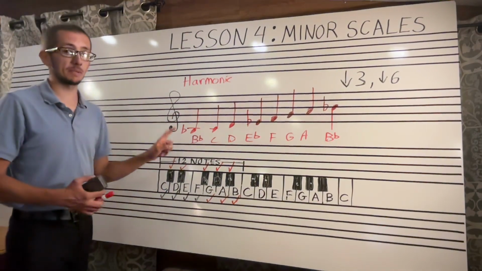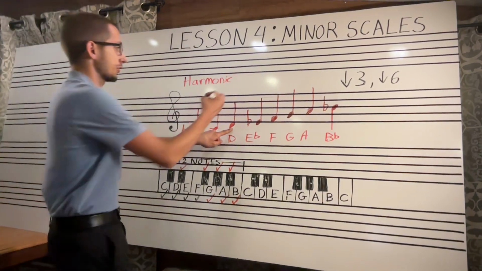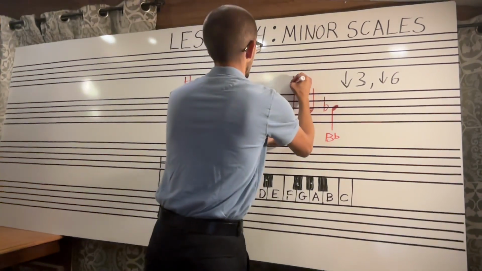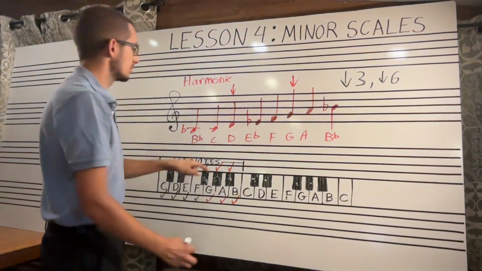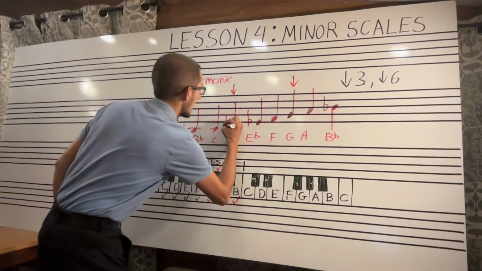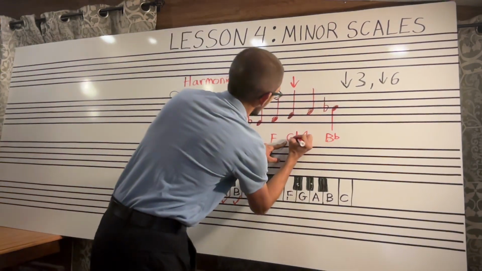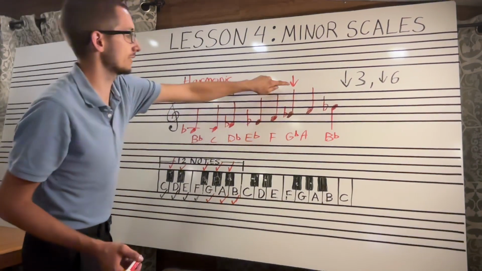So our B flat major scale is B flat, C, D, E flat, F, G, A, and B flat. In order to get the B flat harmonic minor scale, we'll just lower the 3rd and the 6th notes of the scale. We'll keep that 7th note just as it is. So D will become D flat, and G will become G flat. We're just lowering the 3rd and the 6th.